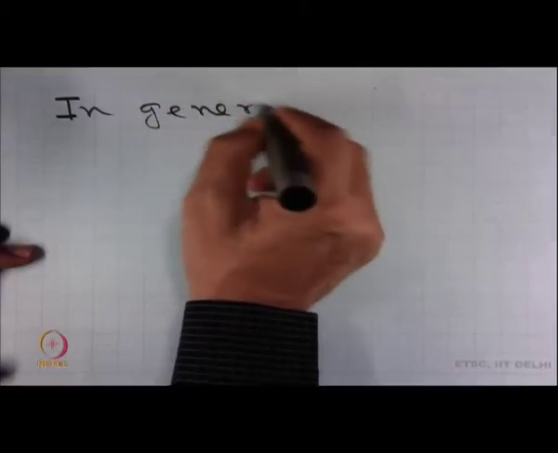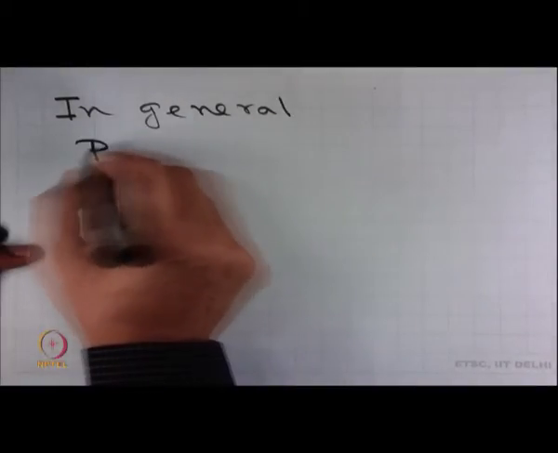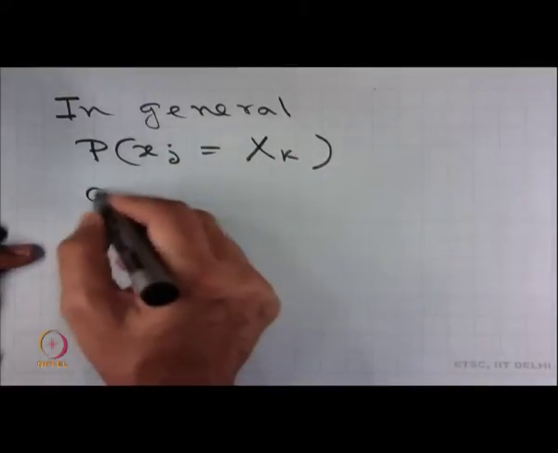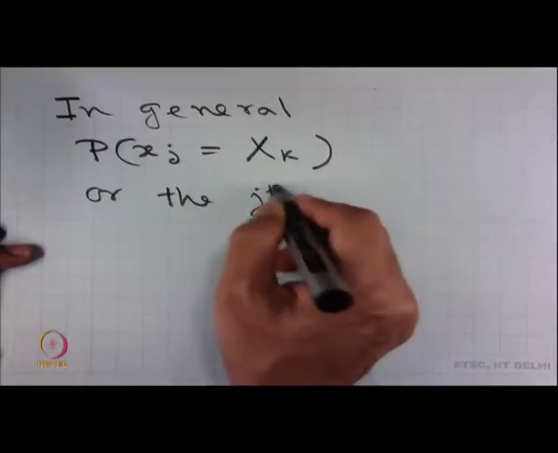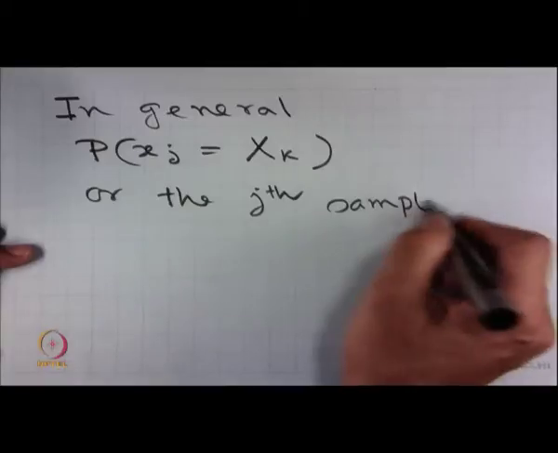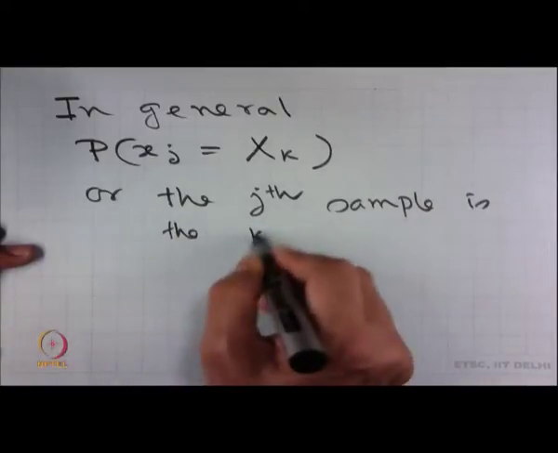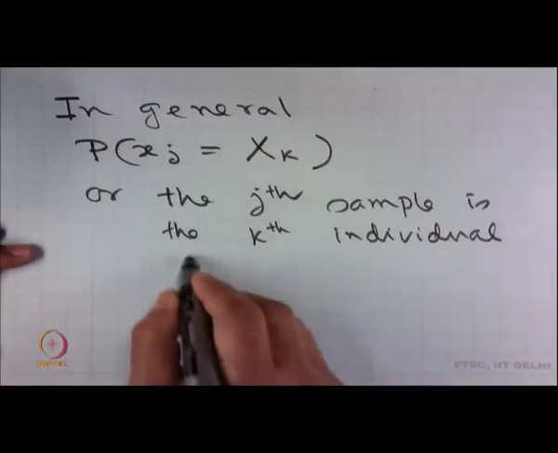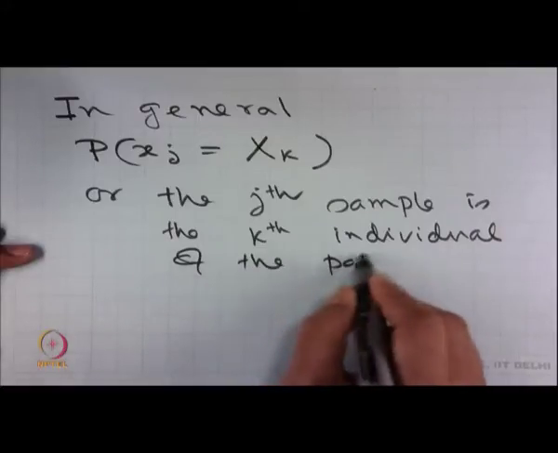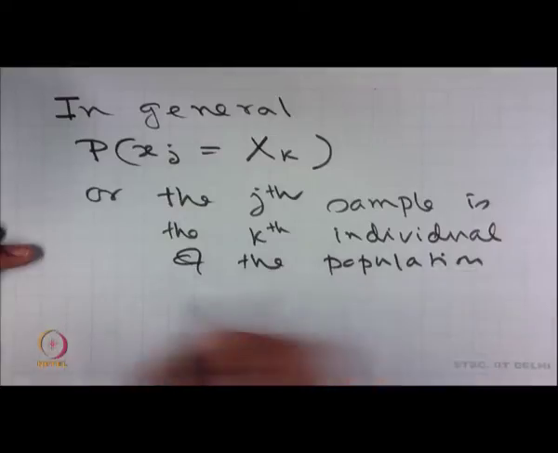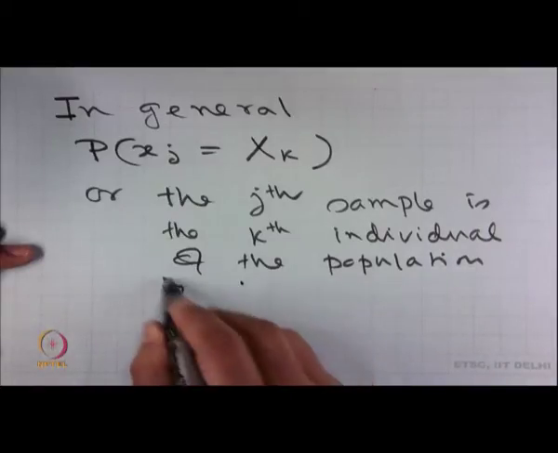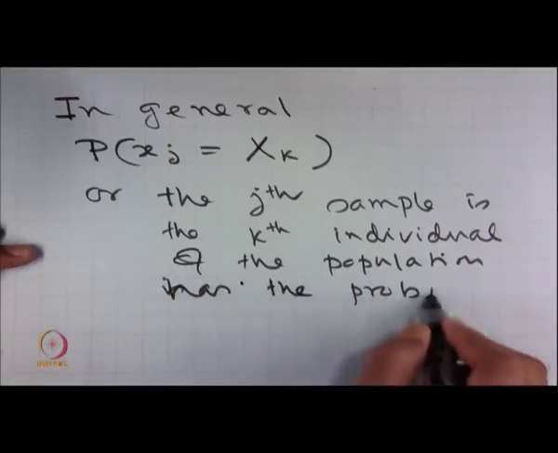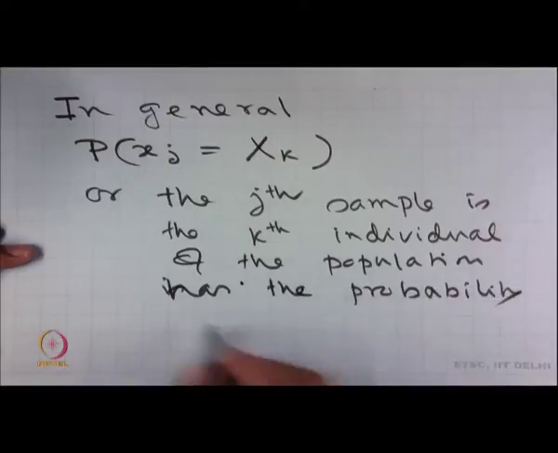In general, probability x j is equal to x k, or the jth sample is the kth individual of the population, has the probability one by n.